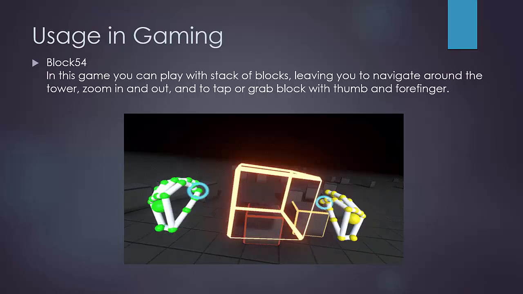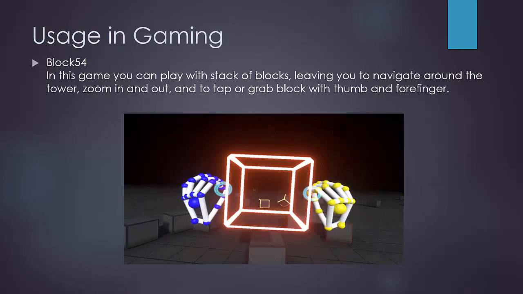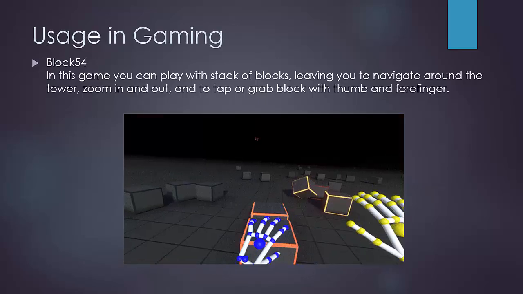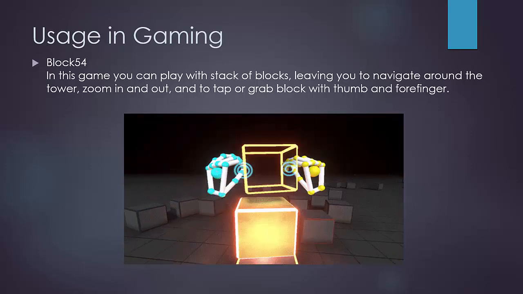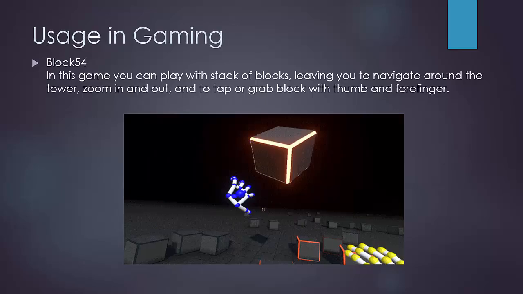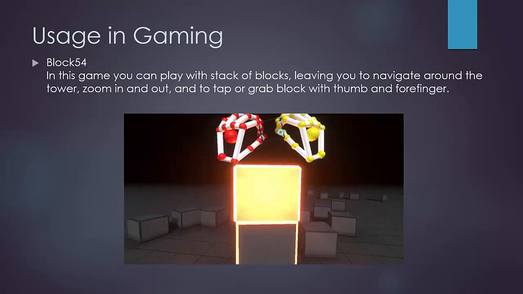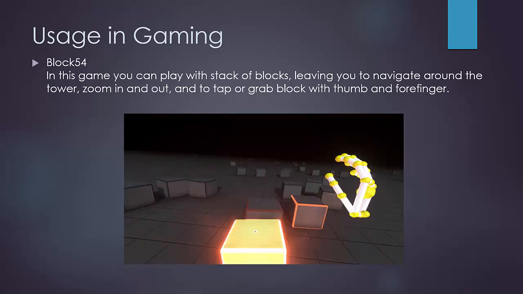This hardware can be used in the gaming industry as well. With the advent of Microsoft Kinect, there was a big leap in the gaming industry. So to give you an example where this hardware can be used, there is an application called Block 54 where we can design our own blocks and pick those blocks, throw those blocks, and do a lot more. This is just an example.